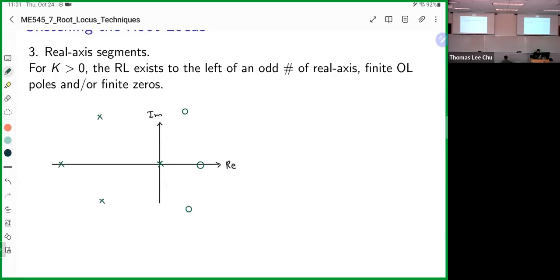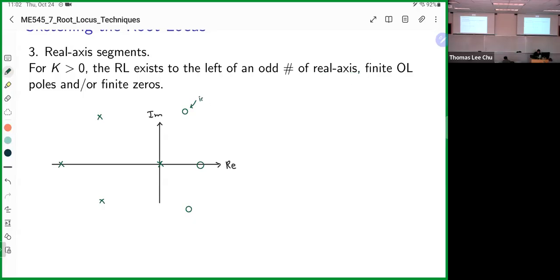Okay, so we're looking at finite open loop poles and zeros. We want the root locus to exist to the left of an odd number of real axis finite open loop poles or zeros. So we're looking at finite, so we can just ignore the complex conjugate poles and zeros.